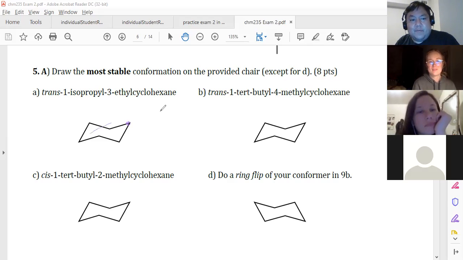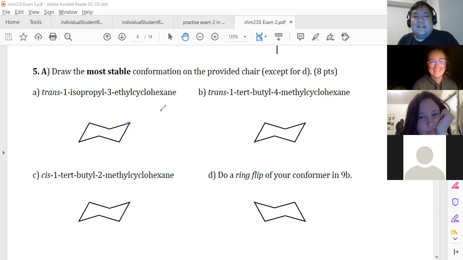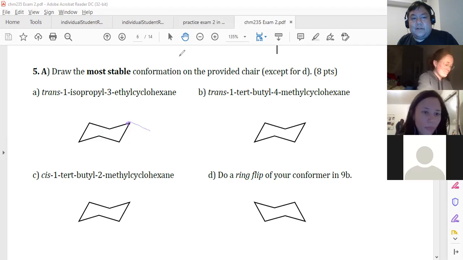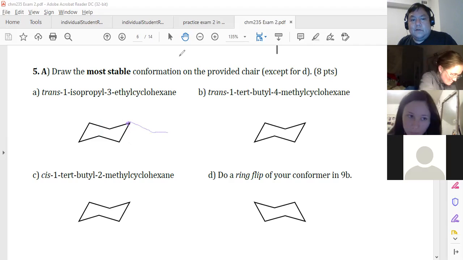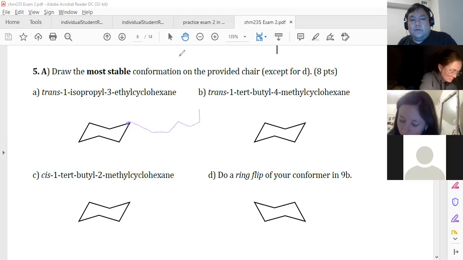Because if you notice, this line is pointing up, the carbon's pointing up, so that tells you that the axial is pointing up. I know, that's surprising, right? So this is going to be equatorial down, right? And so this is going to be ethyl cyclohexane. So 1, 2, like that, all right? So now, 1 isopropyl.